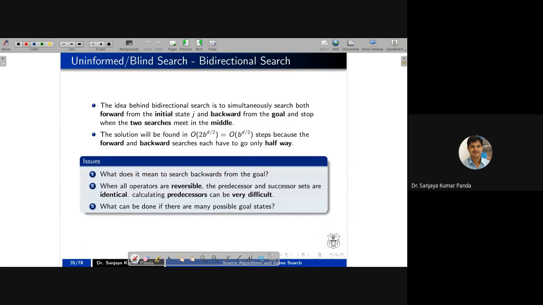But bidirectional search says that you have to start the search from both sides. One is forward from the initial state, and the other is backward from the goal.